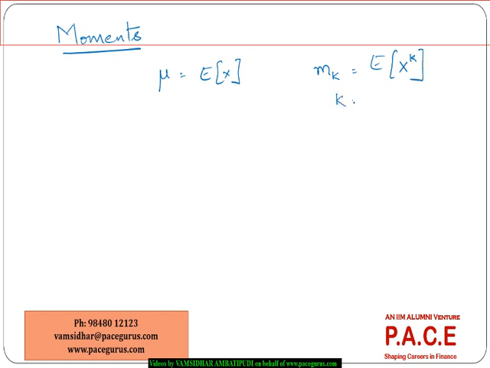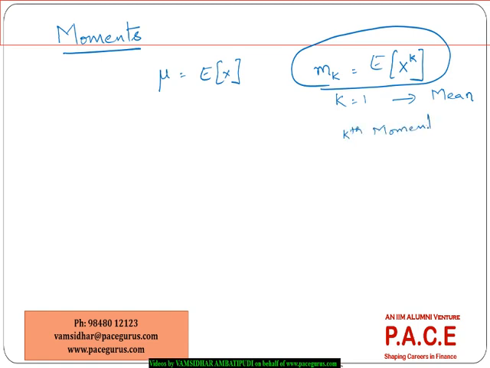When k equals 1, that is what we are calling the mean. This kind of definition is what is called the kth moment. The expected value of x to the power k is what we call the kth moment for a particular random variable x. The mean is nothing but the first moment.